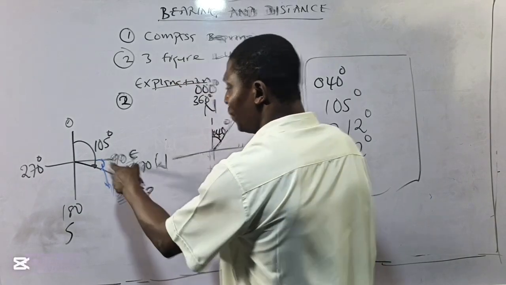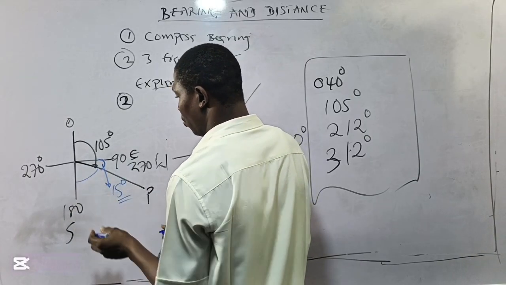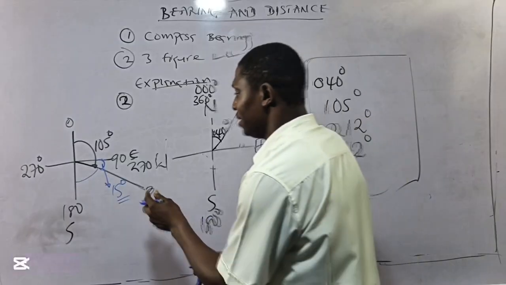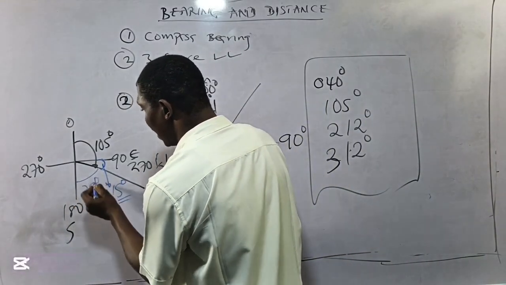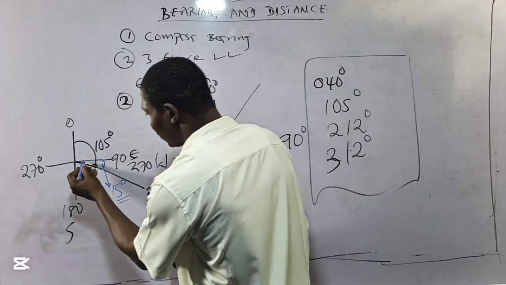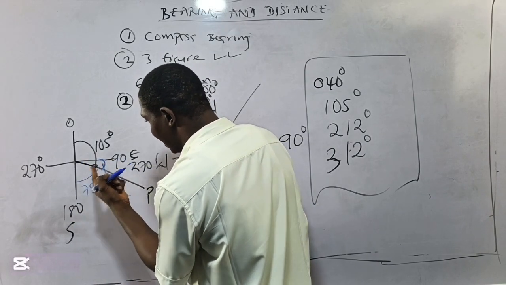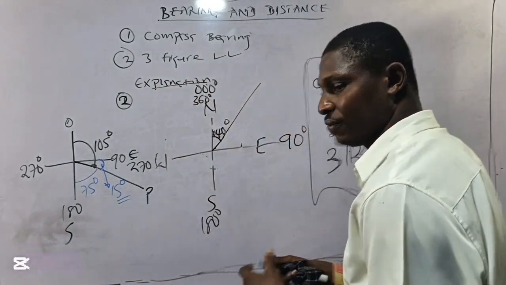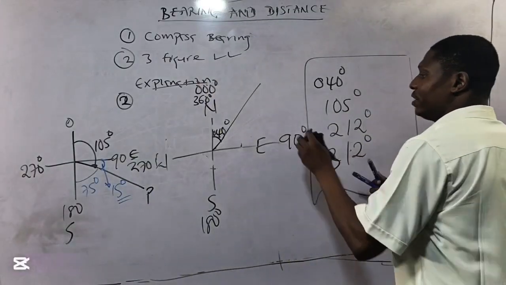Take note. So if this angle from 90 to here is 15 degrees, this other angle can be gotten by 90 minus 15, which will give me 75 degrees. So you see the total of the southeast still gives this 15 here plus 75, which is 90 degrees. Please take note.